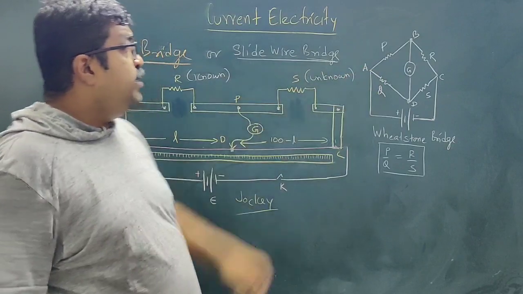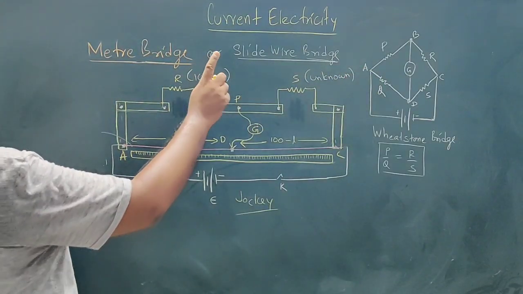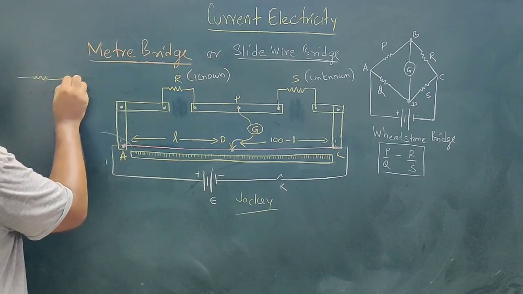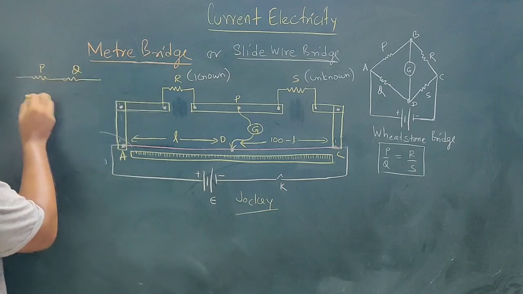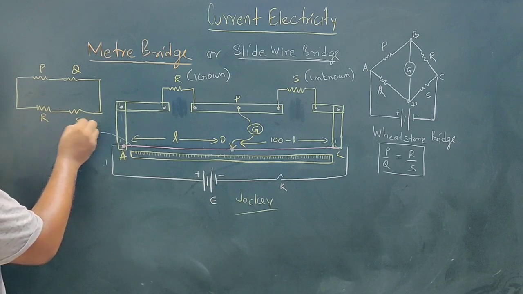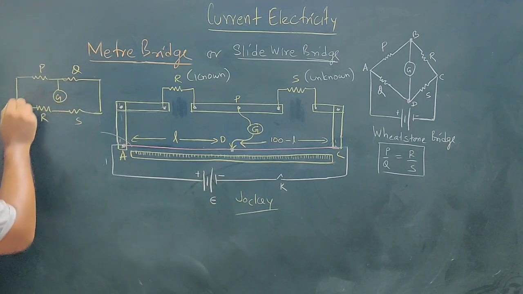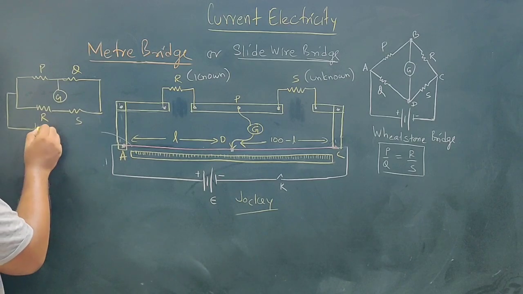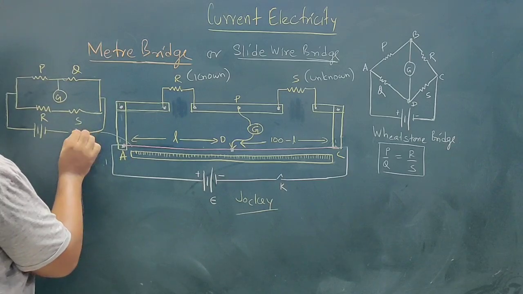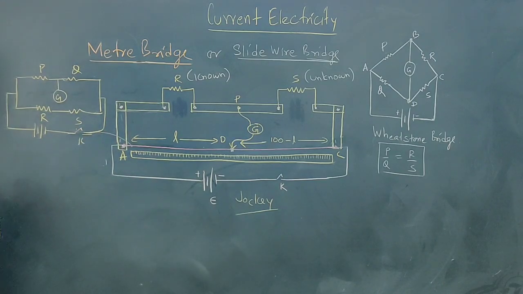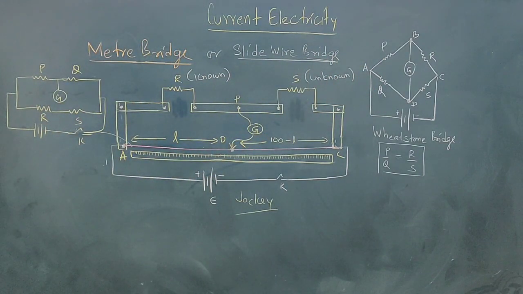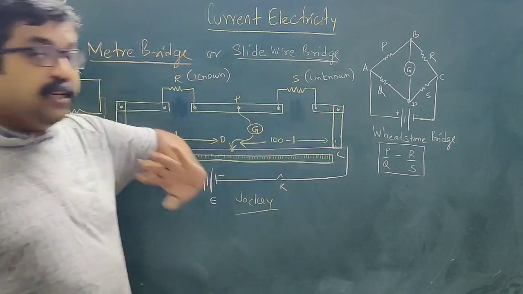This Wheatstone bridge has resistances P, Q, R, S. So I can represent them like this: this is P, this is Q, this is R, this is S, this is the galvanometer, and this is the battery with the key. So I can redraw this Wheatstone bridge just like this. This circuit and this circuit both are the same.